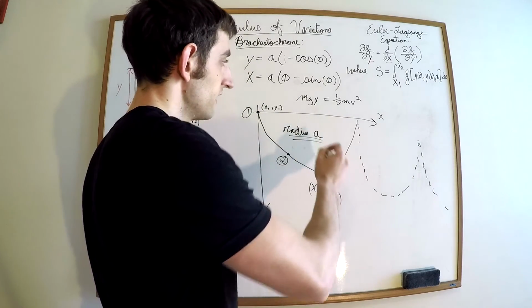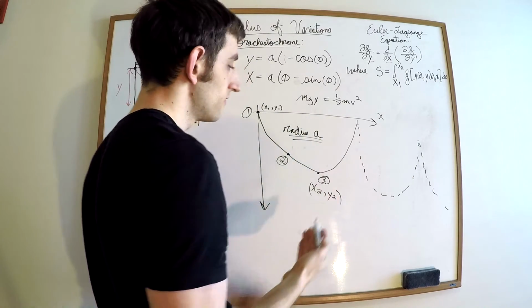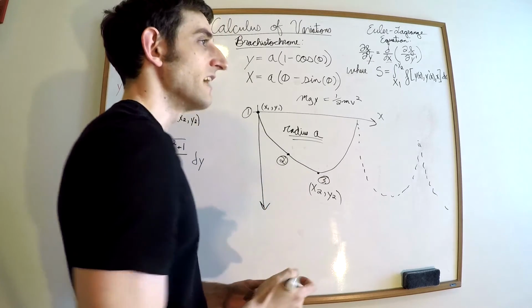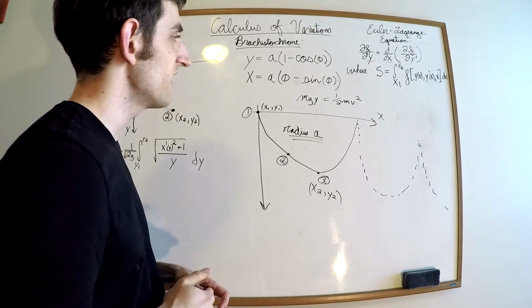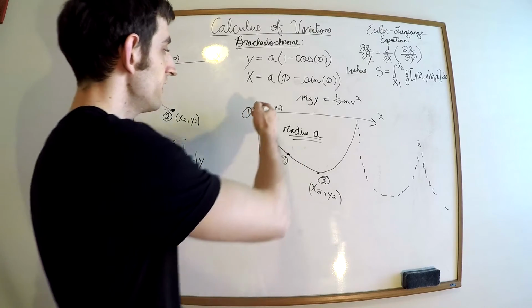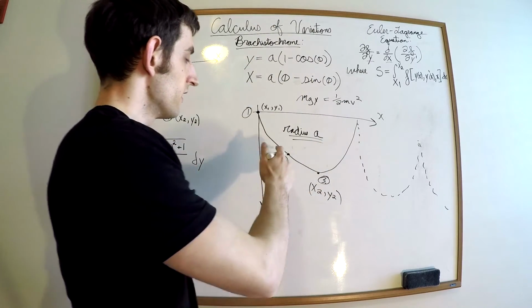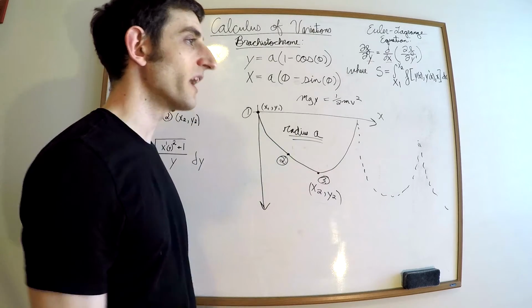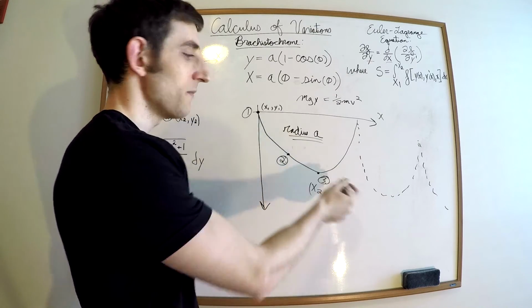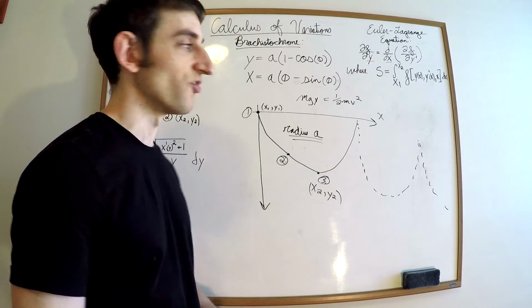It's hard to explain. The thing I'm trying to say is that when you're here, you're going to take a while to pick up that velocity. But if you stay on this curve, it's going to pick up in such a way that the time is the same along these paths, which is really interesting.